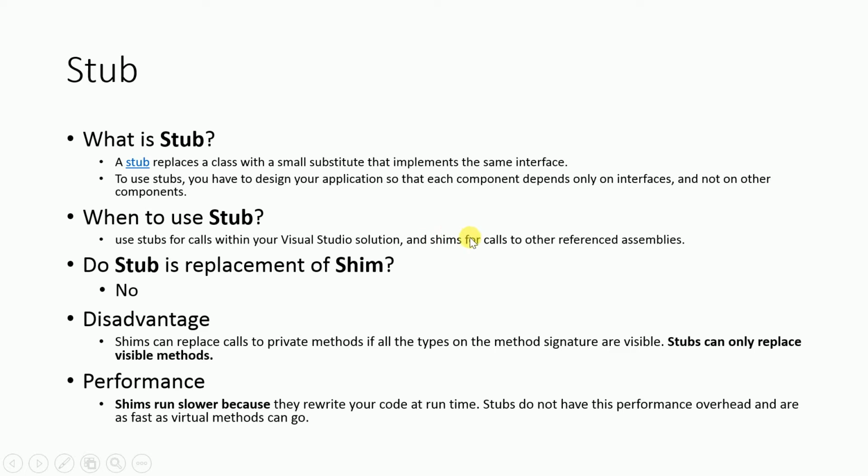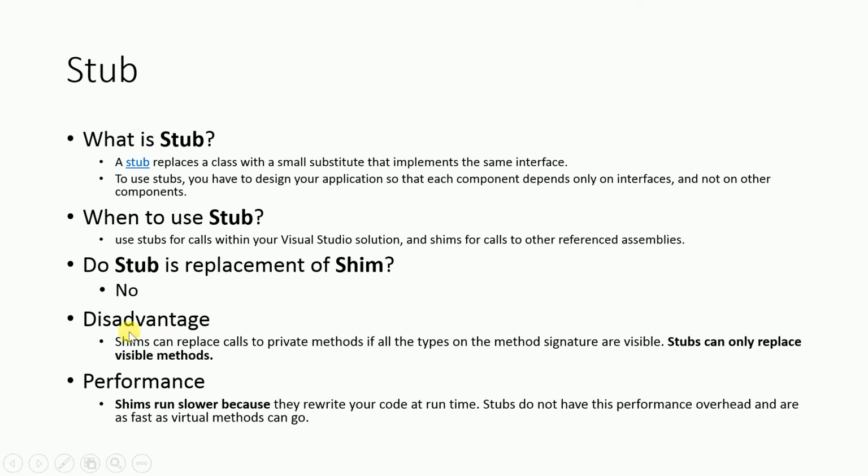That's why Microsoft recommends shim for external references, while internal code is in our control and we can design it with a good interface structure. So stub is recommended within our application. Is stub a replacement of shim? The third question: definitely no.